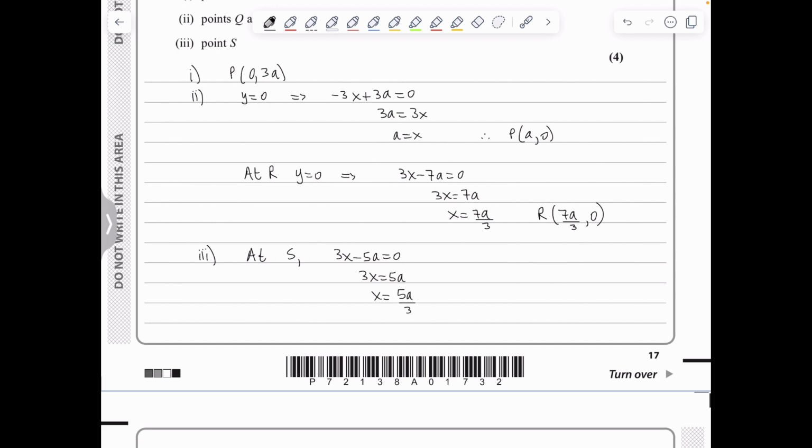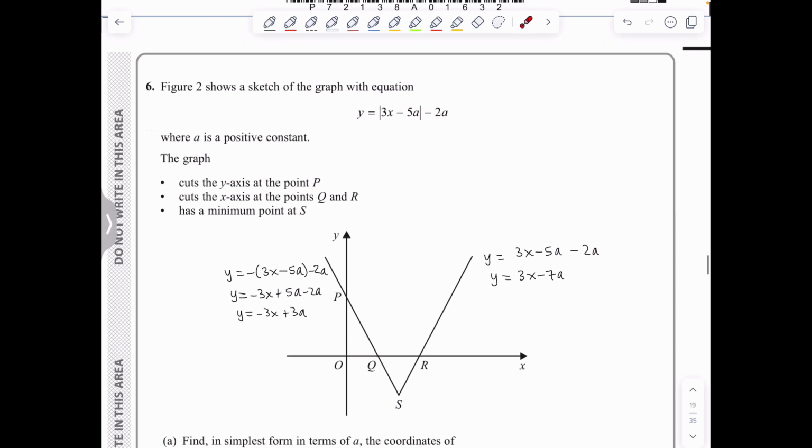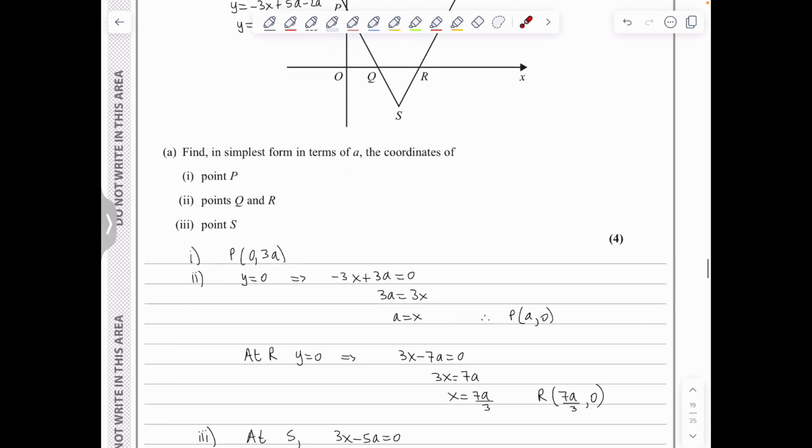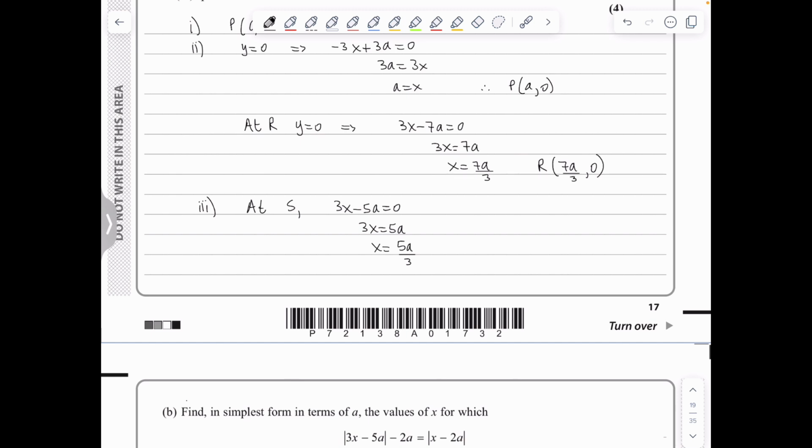And if the expression within the modulus sign we said is equal to 0, this goes away, and we've got y is negative 2a, so the y coordinate is minus 2a, and therefore we conclude that the point S has coordinates 5a over 3, negative 2a.